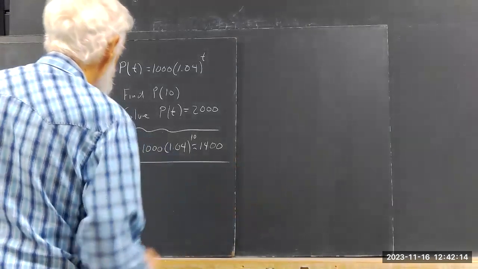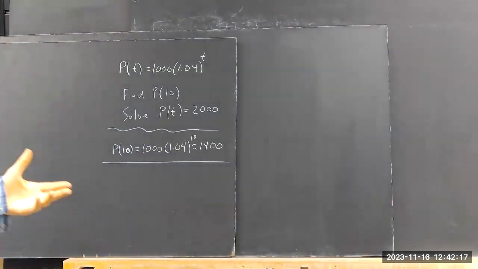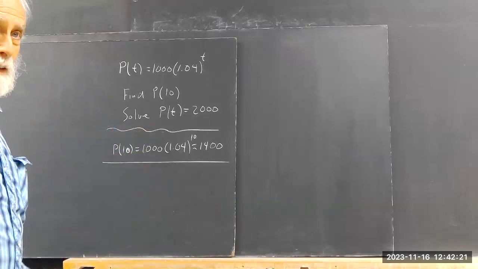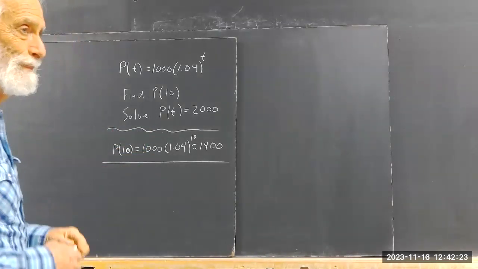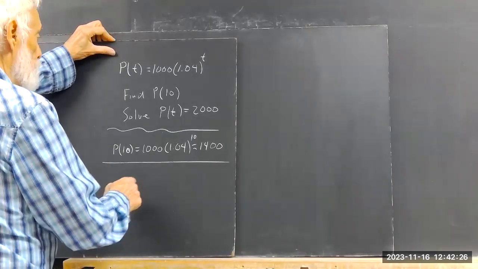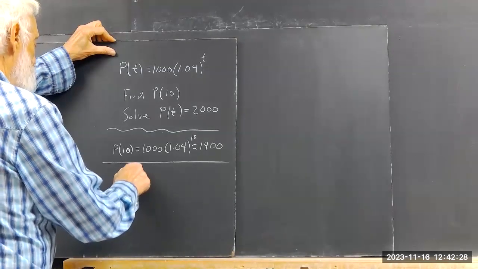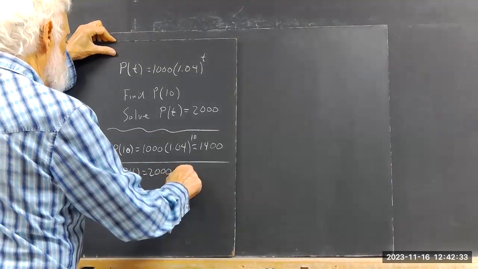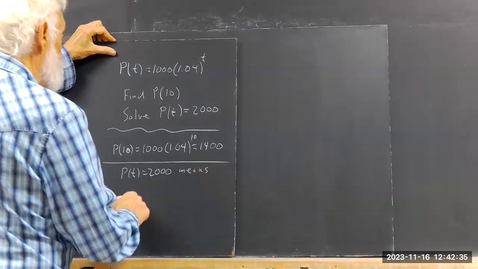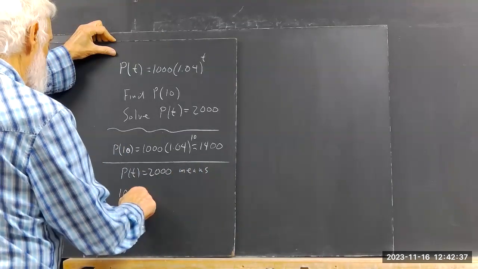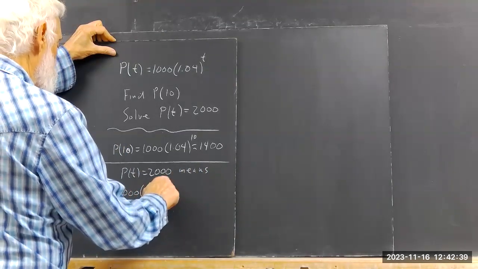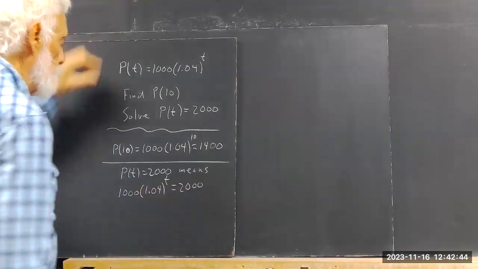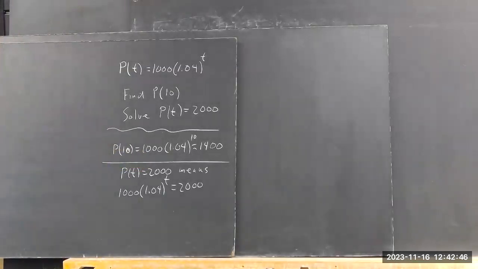Okay. What are you going to solve? You've got to remember what we did last week. So if you don't remember, if it didn't jog your memory to see this, well, it should. I'll show you. Okay. So P of t equals 2,000 means one thousand times 1.04 to the t equals 2,000.